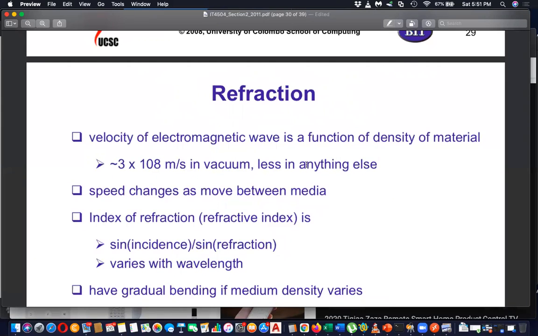Why that is called refraction. You know the speed of the electromagnetic wave is a function of density of the material. It is 3 into 10^8 meters per second in a vacuum, not exactly.